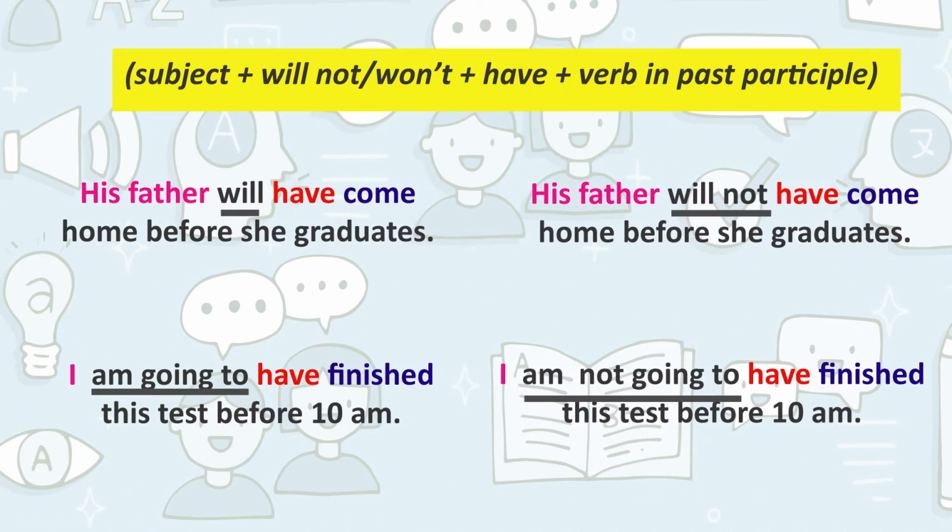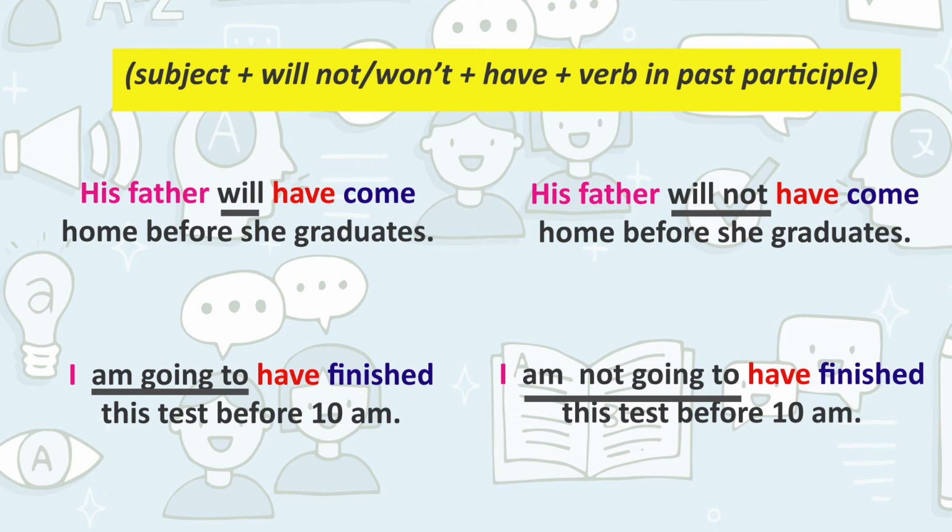For structuring negative sentences, we're going to follow the rule that we have: subject plus will not or won't, that is the contraction, plus have plus the verb in past participle. For example, his father will have come home before she graduates. If we want to make this sentence negative, we say his father will not or won't have come home before she graduates.